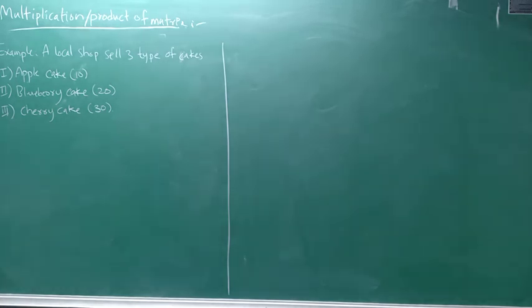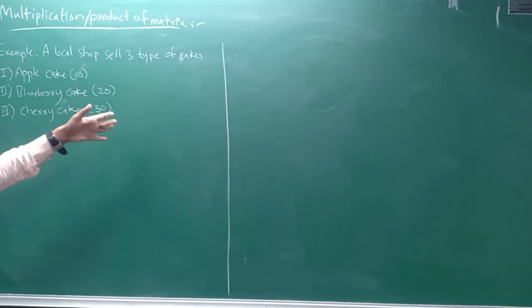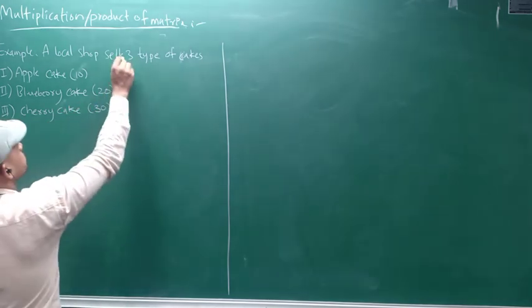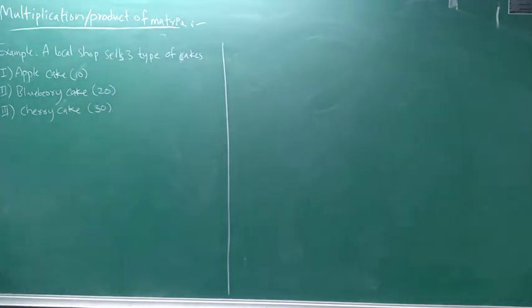So here a local shop sells three types of cake: apple cake, blueberry cake and cherry cake, and the cost is 10 rupees, 20 rupees, 30 rupees.